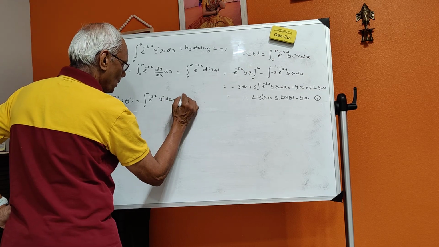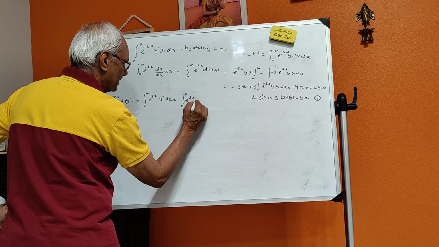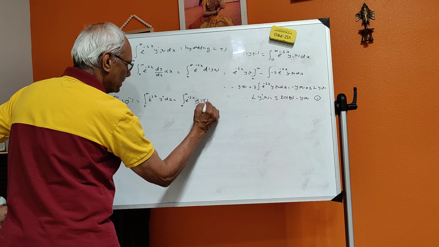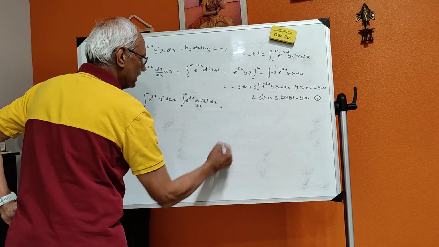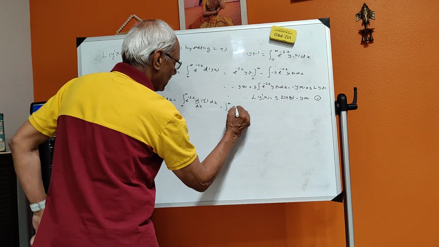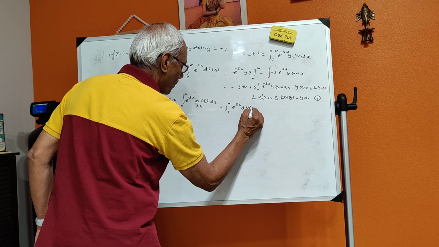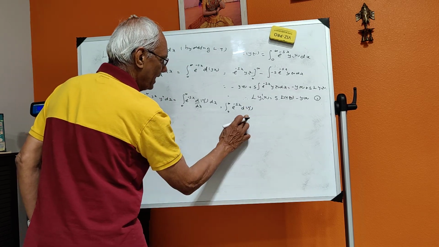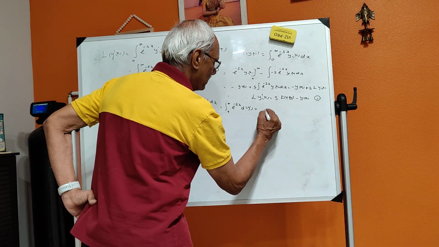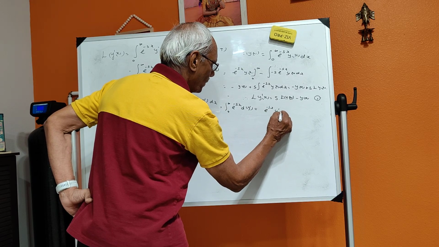This is the integral from 0 to infinity of e to the power of minus sx into d by dx of y dash into dx, which is the integral from 0 to infinity of e to the power of minus sx into d of y dash. So you can use Bernoulli's method of integration again. It becomes e to the power of minus sx into y dash of x.